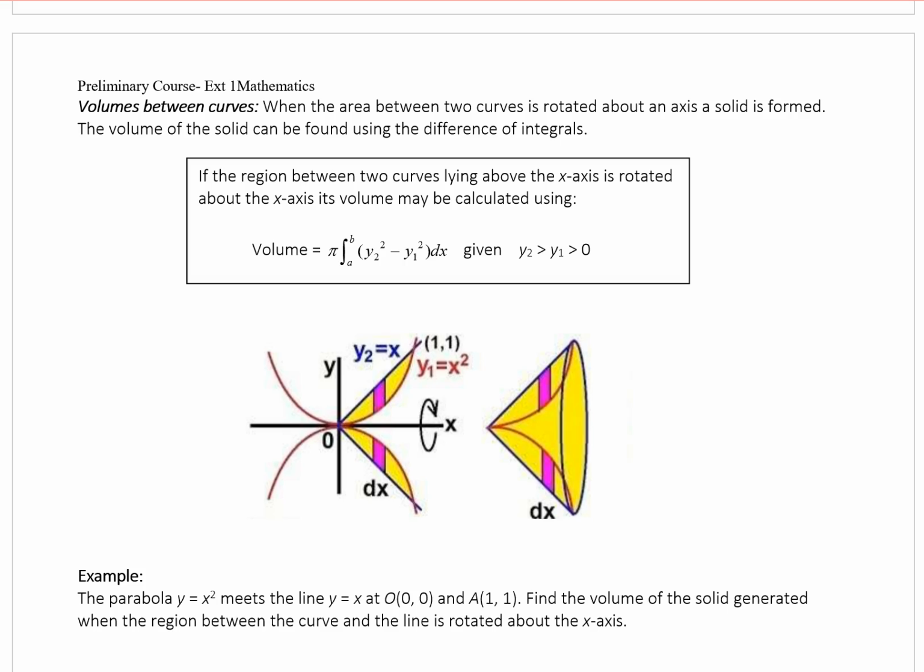Now, hopefully you can see, we've taken the region between this straight line and a parabola, and we're going to rotate that around the x-axis. We're going to rotate this funny looking region around the x-axis.